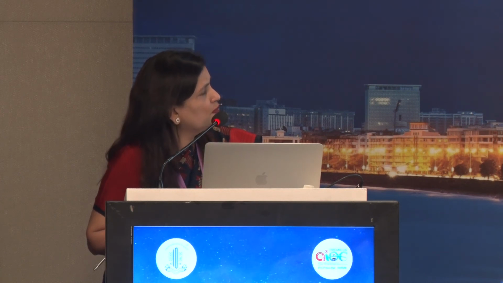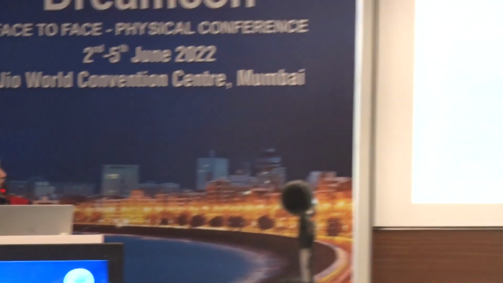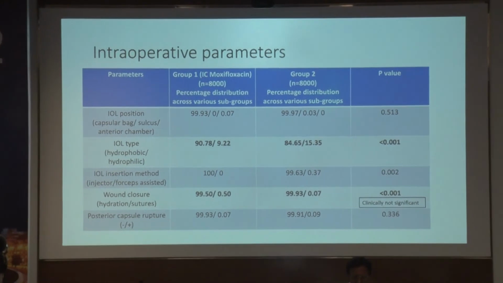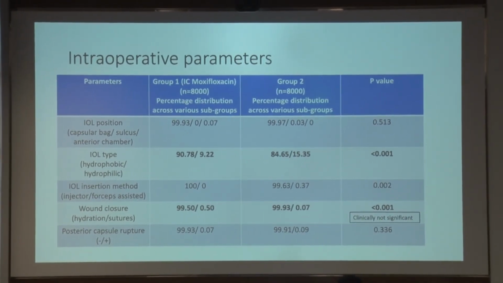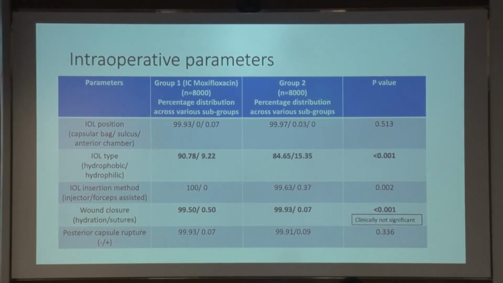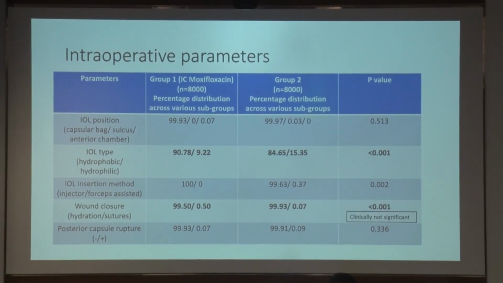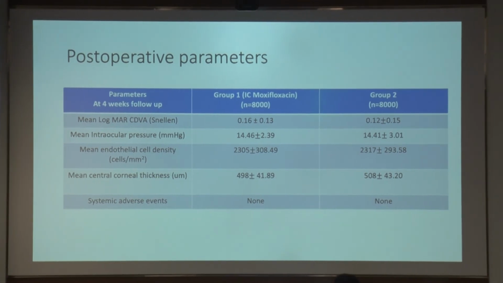Rest of the parameters, the incision size, type, location, IOL optic, and IOL haptic were similar for both groups. So were the IOL position, IOL type, IOL insertion method, wound closure, and whether posterior capsular rupture was present or not.